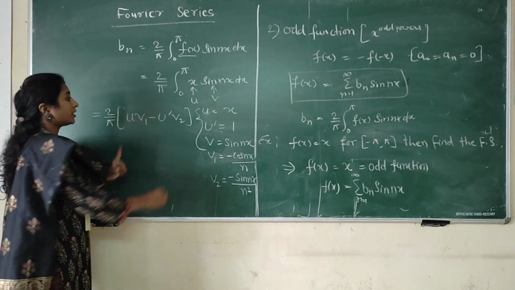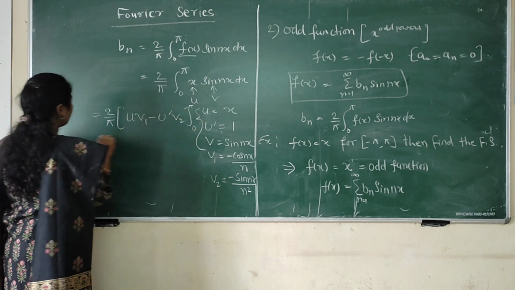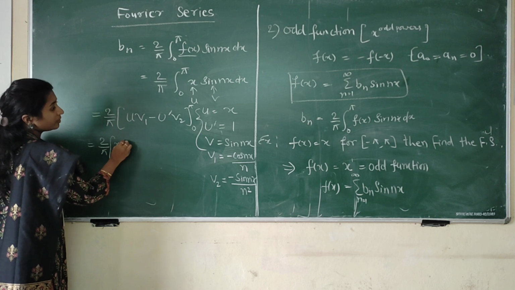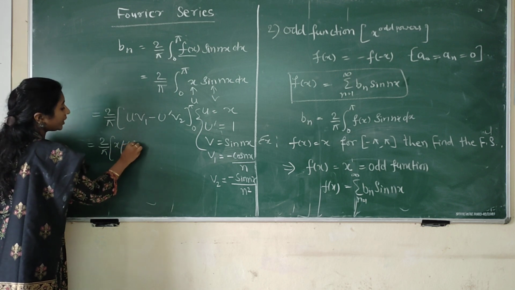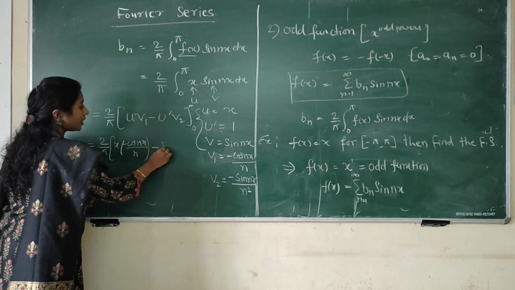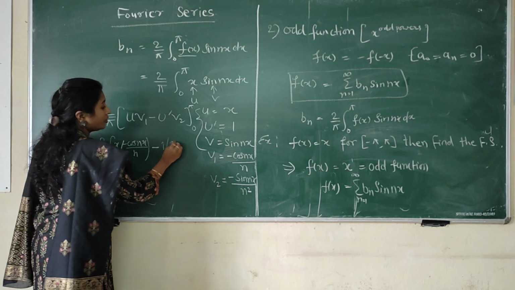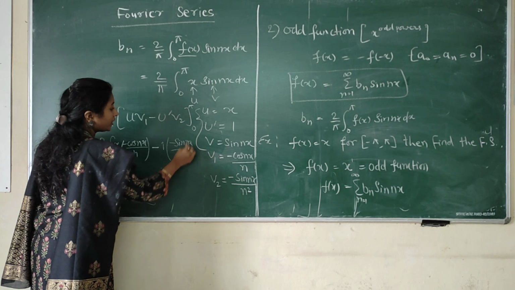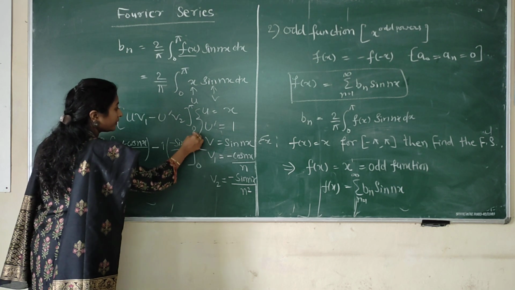Place all the values in the given formula: 2 upon pi, x into minus cos nx upon n, minus u dash 1 into minus sin nx upon n square, limit is 0 to pi.